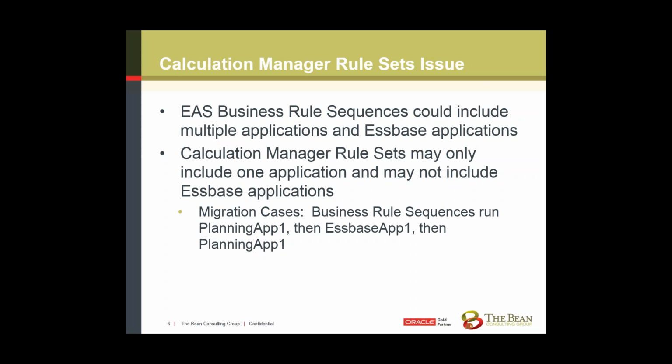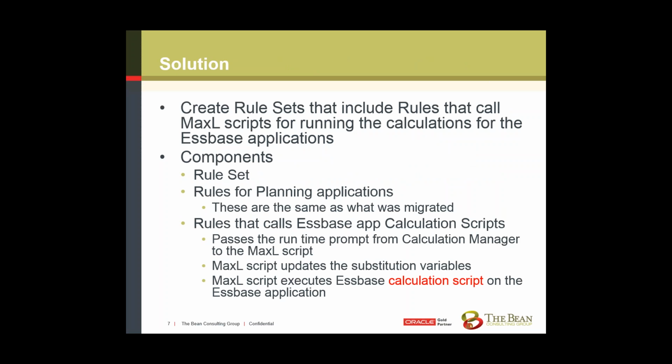So how are we going to go about doing that? We create a rule set that includes rules that call Maxl scripts for running the calculations on the Essbase app. So there really become three components to the sequences. You create the rule set, which would sort of mimic the sequence in EAS Business Rules.